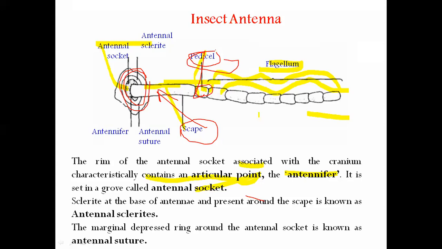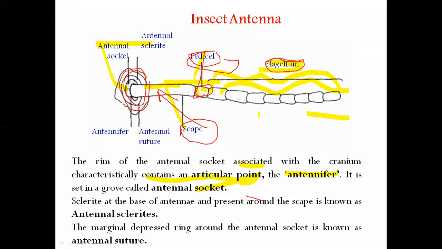Okay, now let's see in detail the third part, the flagellum. It is also called flagellomeres, also called clavola. It has three names, but always remember it is the flagellum. This is the third and last segment of the insect antenna.